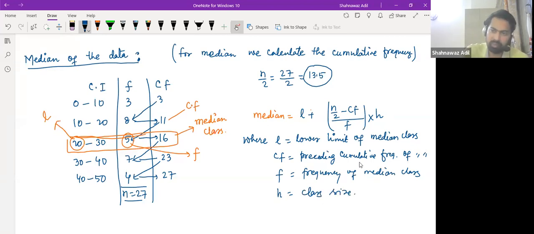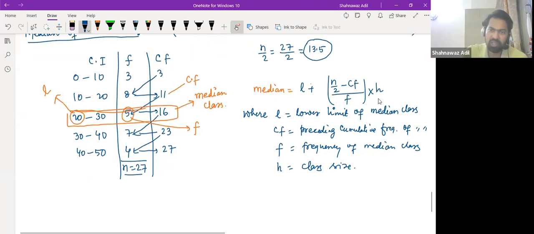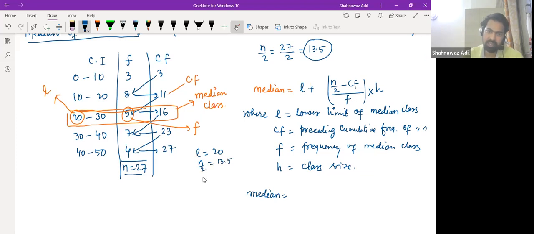Right. So from this, what would be the median? L is 20, and then we have n by 2, this is 13.5, and then CF, this is 11, and then we have F, which is 5, and H, which is 10. So these are the things that we have.